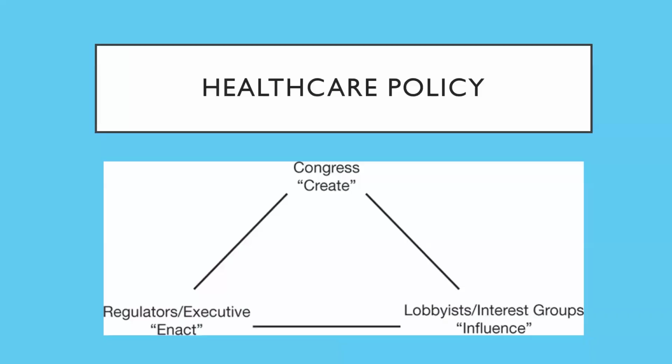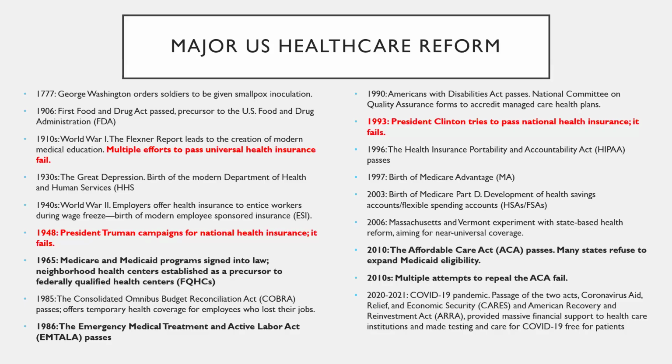Next, I'm going to talk just a little bit about healthcare policy. So this chart is pretty self-explanatory, but you have a lot of competing interests trying to work with Congress, who is working with the executive branch to pass laws. I'm not going to go through this, but this is just a list of some of the major US healthcare reforms that have been passed through the years.